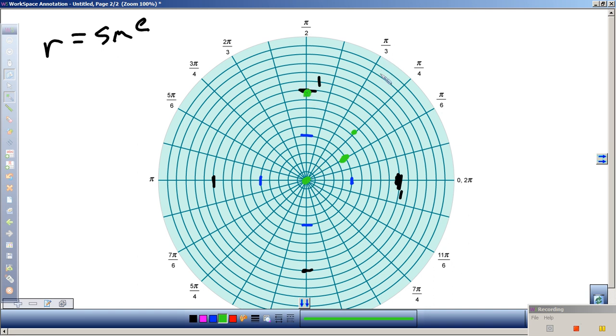What about pi over 3? Root 3 over 2. What's root 3 approximately? And what's root 3 over 2 approximately? About 0.8, or 0.9. So it would be somewhere about here in the direction of pi over 3. Note, we know it's going this way, and we keep going.